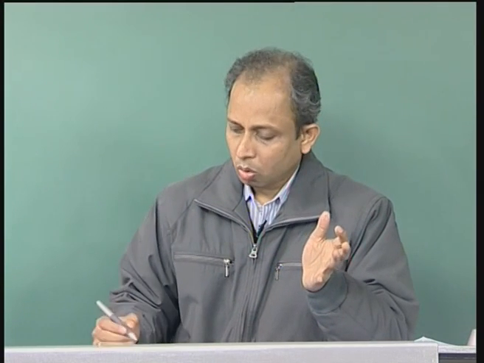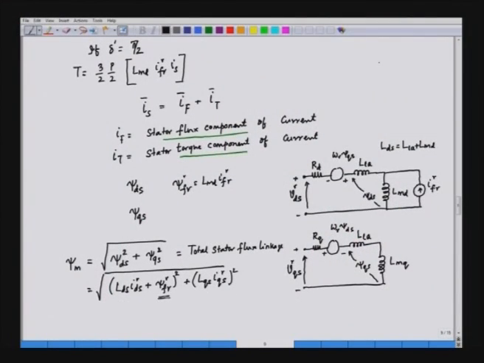So, we have a function generator, and the function generator gives us the variation of psi m with the speed. So, this is how it varies. We have psi m in the y axis, and in the x axis we have the rotor speed omega r m.